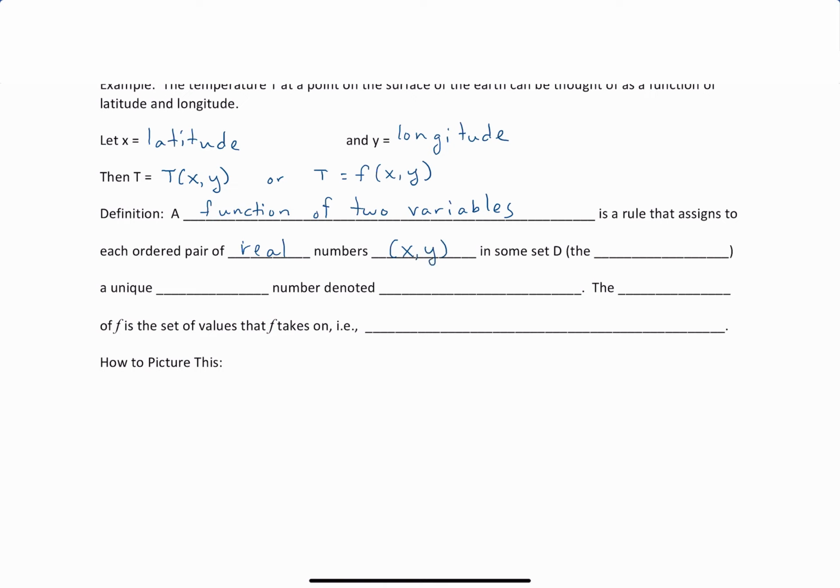Obviously, you could use other letters, but let's stick with x and y for now. So the x's and y's in some set D that we call the domain, a unique real number denoted f of x, y, or whatever letters you're using in your particular example.